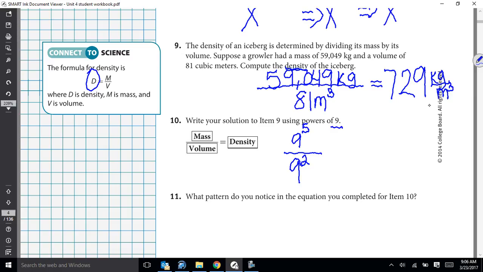So you just keep going, keep multiplying by 9 until you get there. All right, and then 9 to the 5th divided by 9 squared is how much? 9 to the 3rd, which was 729, which we found on the way to getting to 59,000.